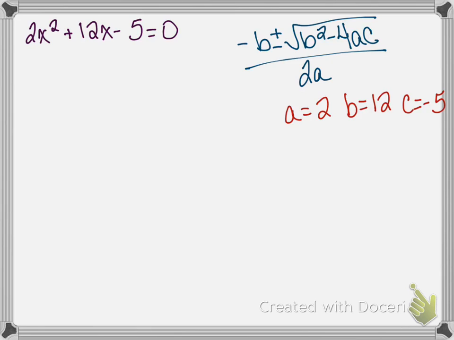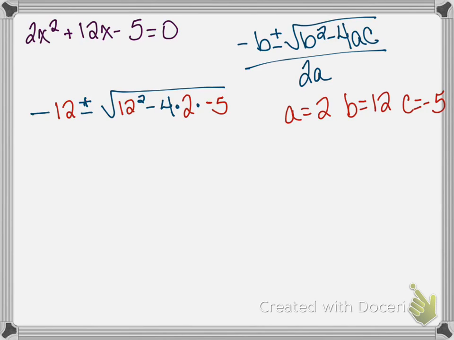So here we go. Negative b, plus or minus the square root of b squared minus 4 times a times c, and c is negative.